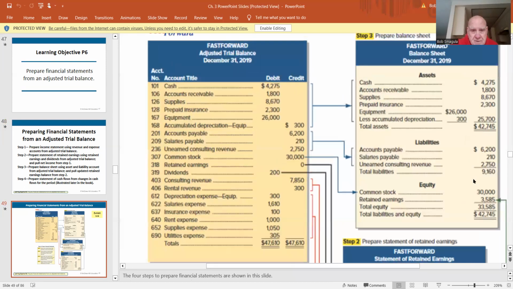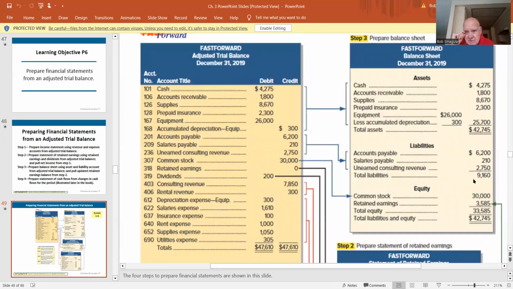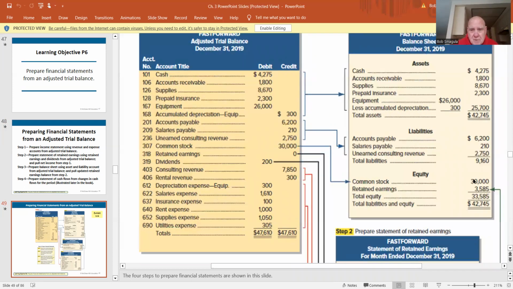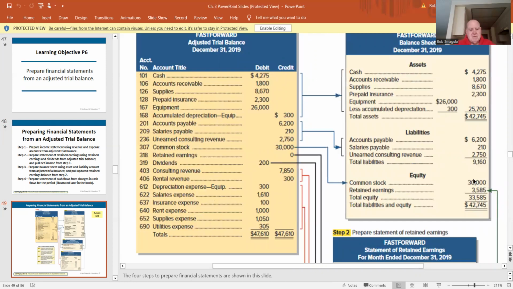Make this bigger. Here is the adjusted trial balance, okay? Notice that it goes in the sequence of your chart of accounts. Cash, receivables, it goes from assets, liabilities, equity, revenues, and expenses.